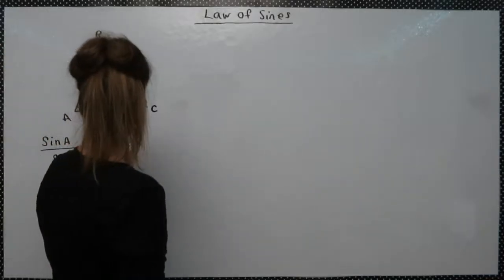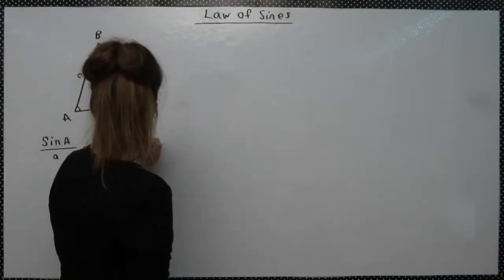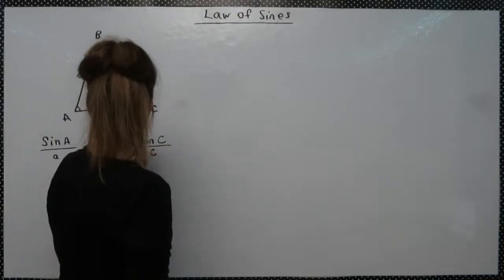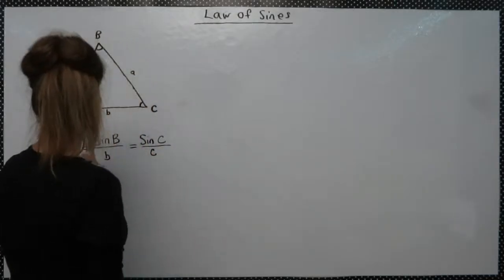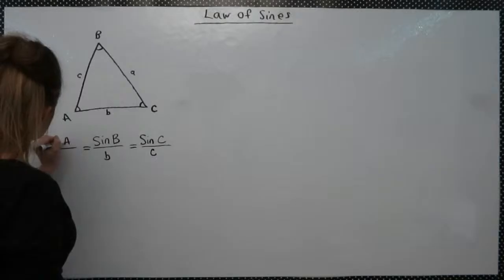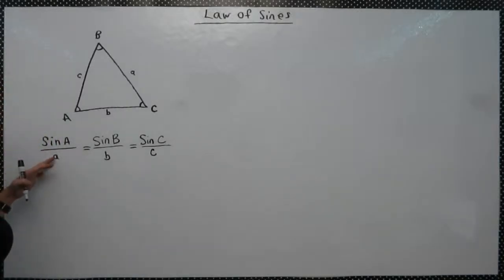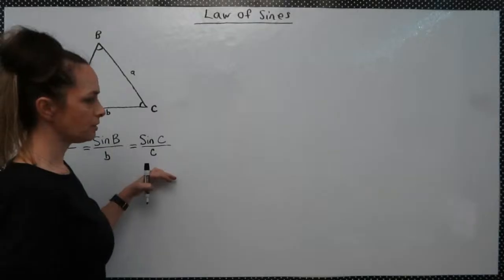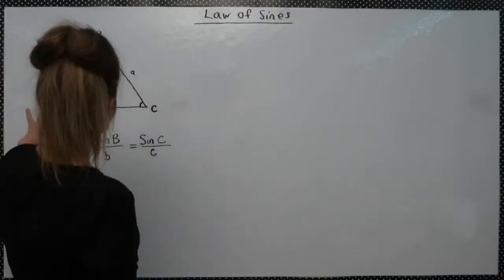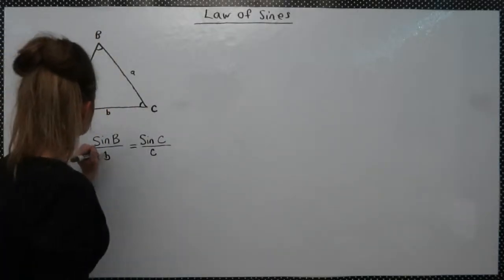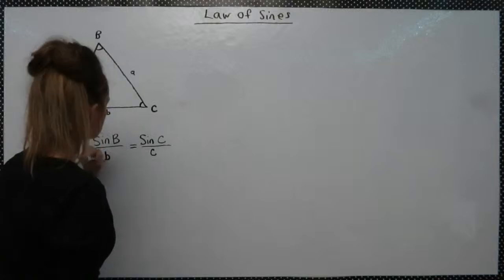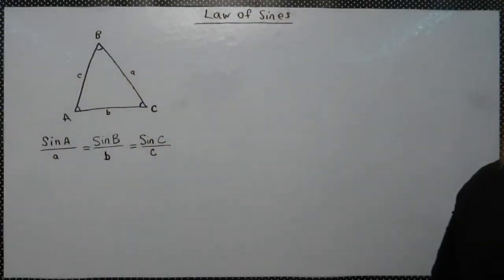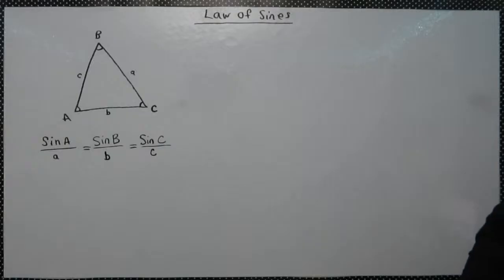And then you have sine C over side c. What they're figuring out is that since it's the side lengths of the same triangle, they should all have that same proportionality, no matter which side you're dealing with. I guess that's the rationale behind it. Again, I'm not an expert.